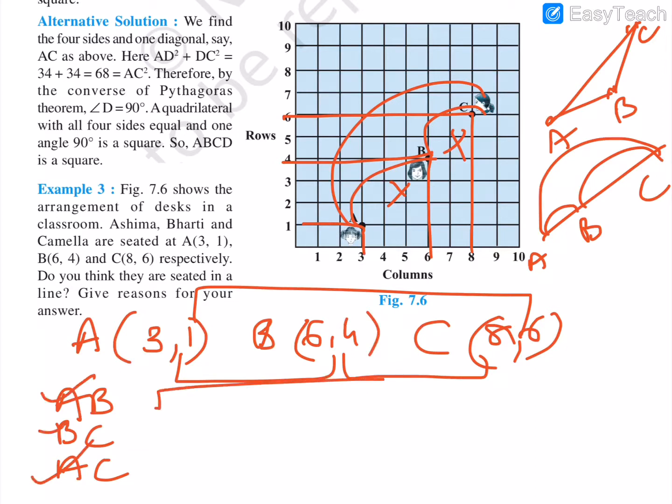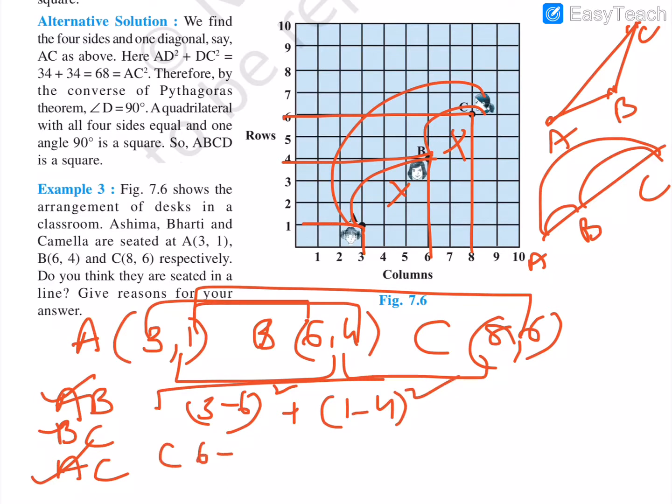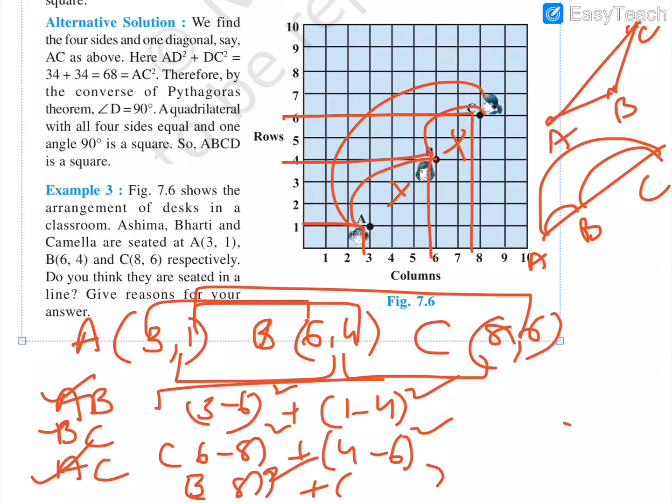So AB is root of (3 minus 6) whole square plus (1 minus 4) whole square. Similarly, BC is (6 minus 8) whole square plus (4 minus 6) whole square. AC is (3 minus 8) whole square plus (1 minus 6) whole square.